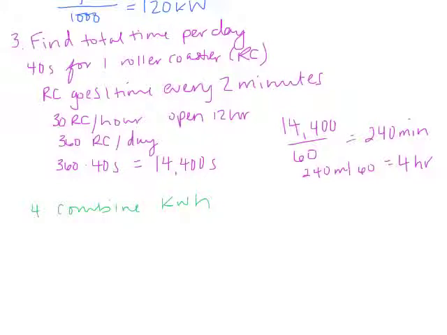Same thing here, we've got kilowatt hours, so we take those two numbers and multiply them together. We're going to have the 120 kilowatts times our 4 hours, which gives us 480 kilowatt hours.